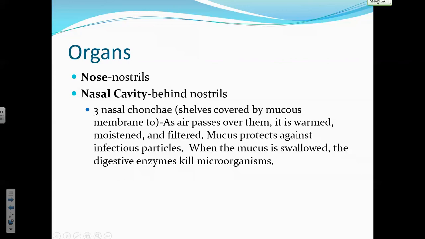It needs to be moist as it gets down into your lungs. Not wet, but moist. The mucus that the mucous membranes produce can help trap foreign particles like pathogens. Then you swallow that mucus. This sounds gross, but your digestive enzymes might kill those pathogens. So that's a second line of defense.